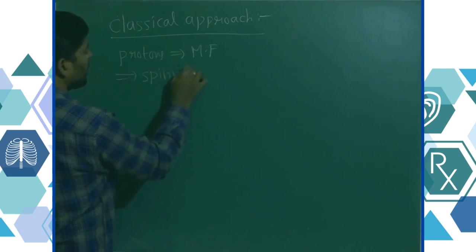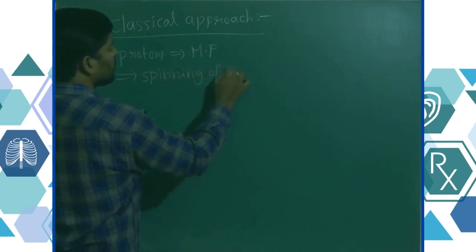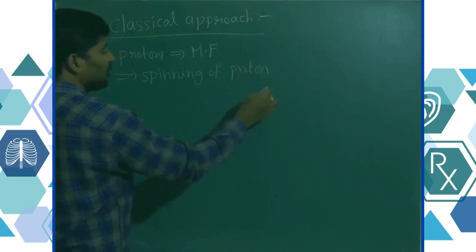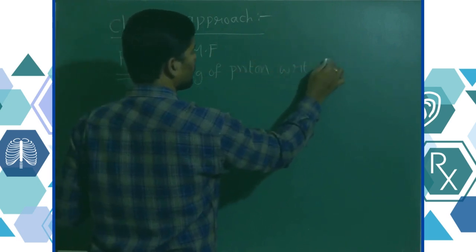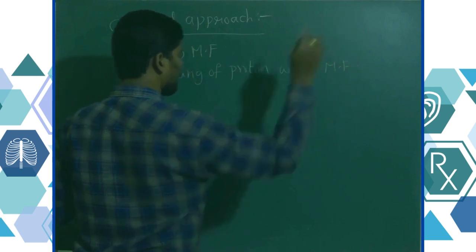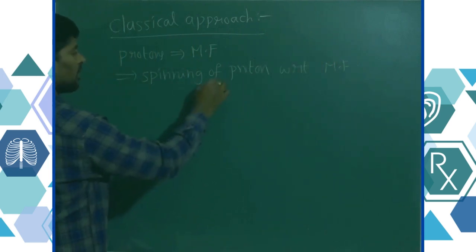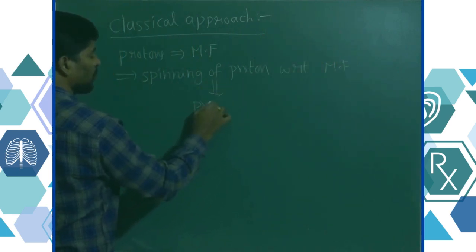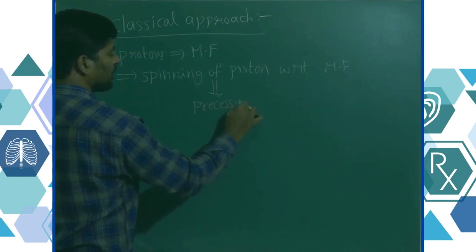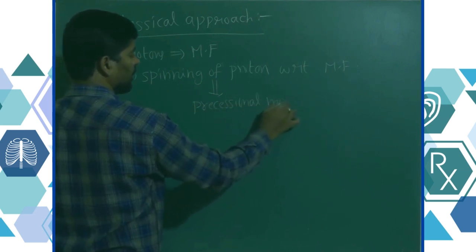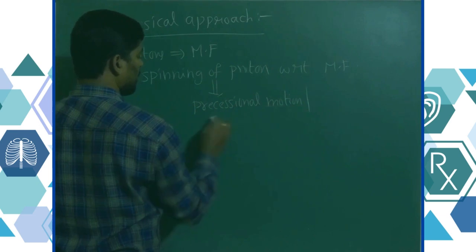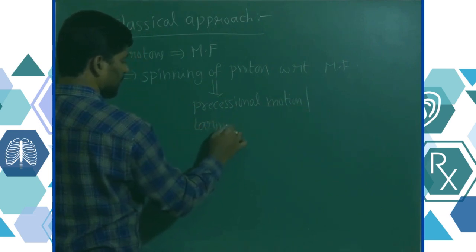The spinning of the proton is observed with respect to the applied magnetic field. This spinning is called precessional motion, or Larmor precessional motion.